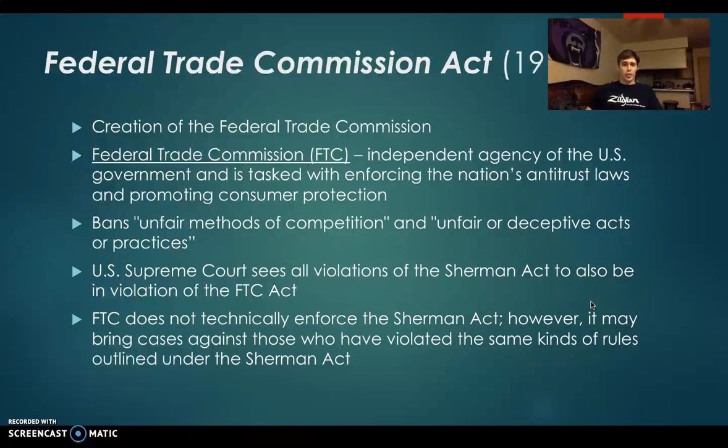It bans unfair methods of competition and unfair or deceptive acts or practices. The U.S. Supreme Court sees all violations of the Sherman Act to also be in violation of the FTC Act. The Federal Trade Commission does not technically enforce the Sherman Act. However, it may bring cases against those who have violated the same kinds of rules outlined under the Sherman Act.